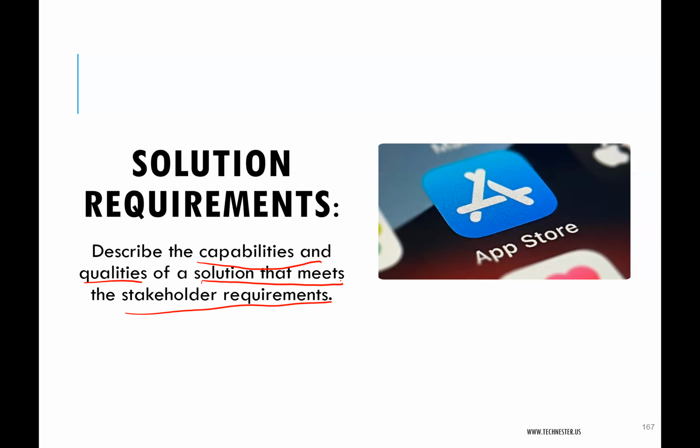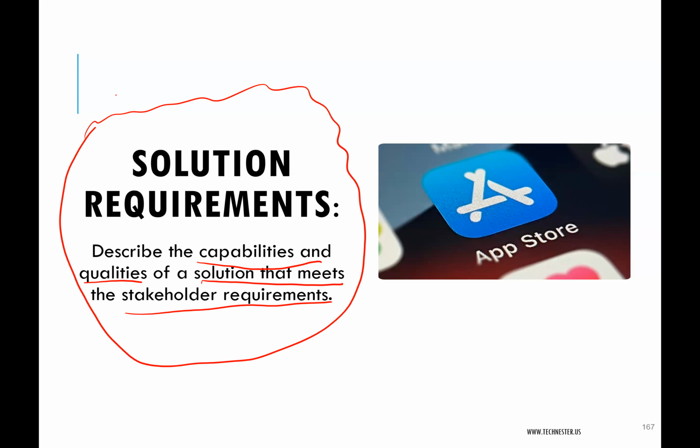Is that something we can do? Those are the things you would use to come up with solution requirements: the capabilities and qualities of a solution that meets the stakeholder requirement. But your main point of contact here, of course, is still the stakeholders that gave you the requirement.